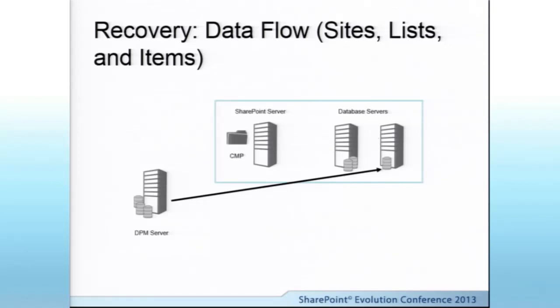Remember, the database isn't attached to your farm, and we export the particular object that we're after. That export will create a content migration package on our SharePoint server. We can then take that package, and it's restored into the desired location. And there we have it. So that approach works well, and that's how things happen in DPM 2010.